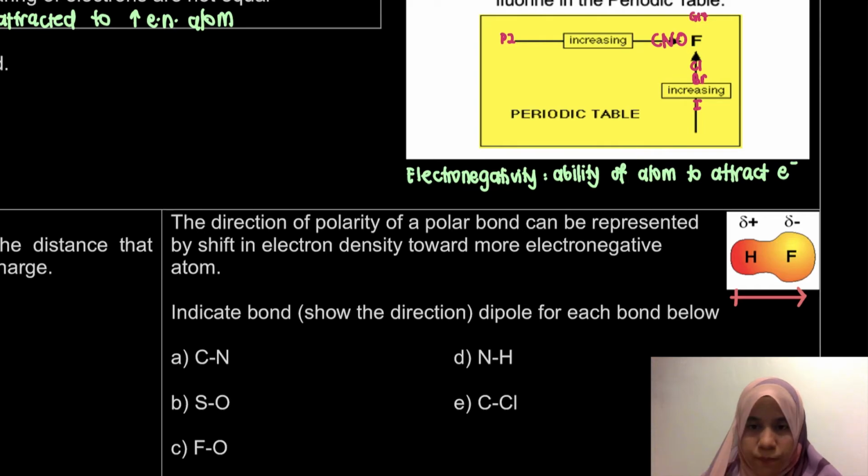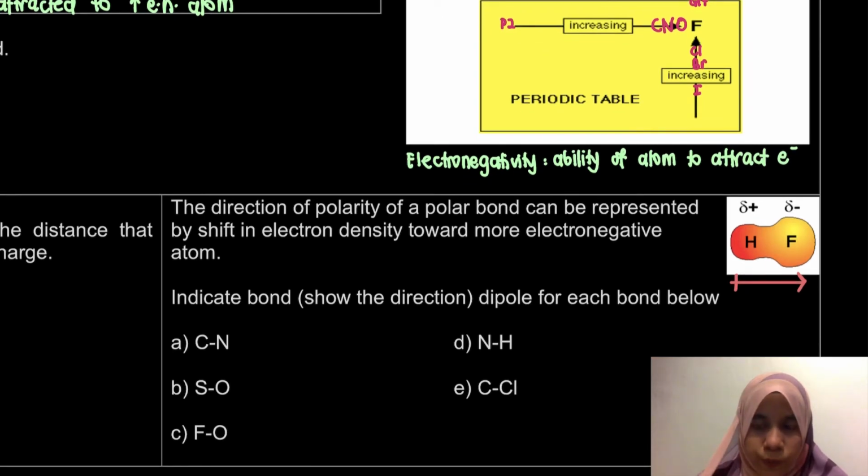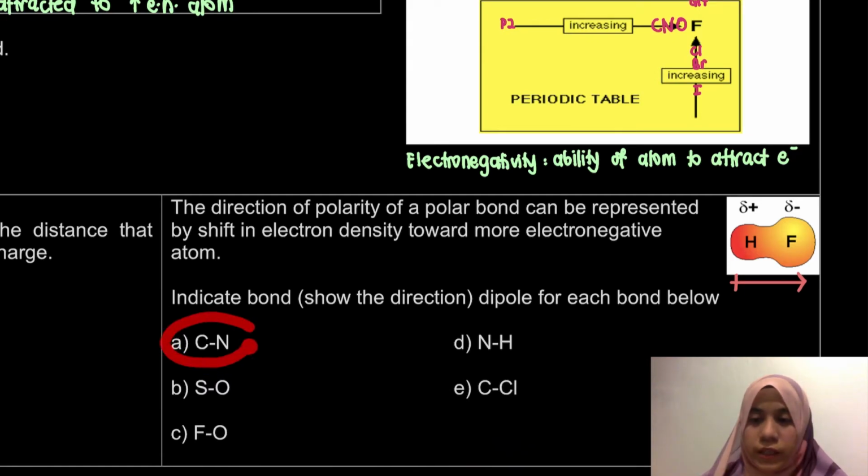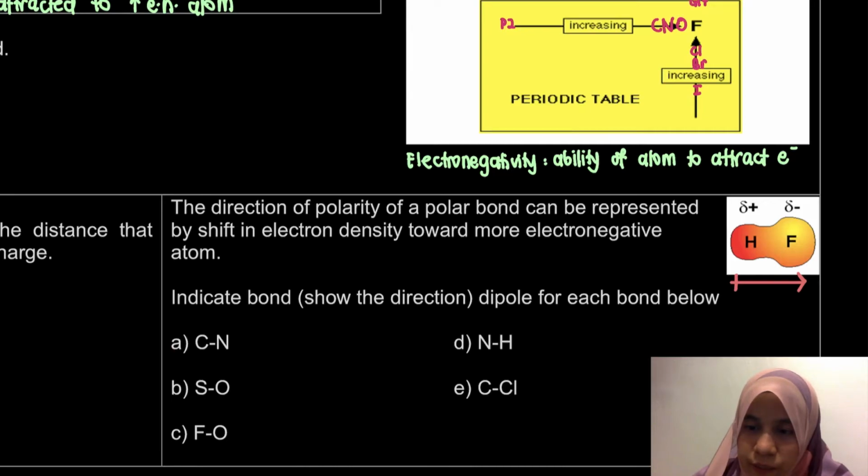So, for example, what we have here, between my carbon and nitrogen. So, between my carbon dengan nitrogen, which one yang lagi high electronegativity? Kita nampak nitrogen is higher. So, how we gonna draw it? Buatlah arrow towards nitrogen.